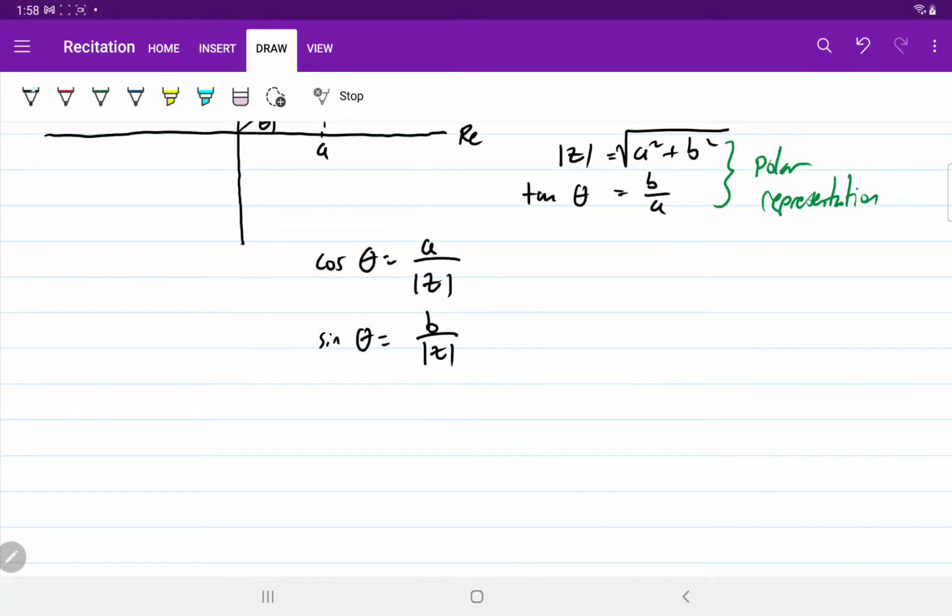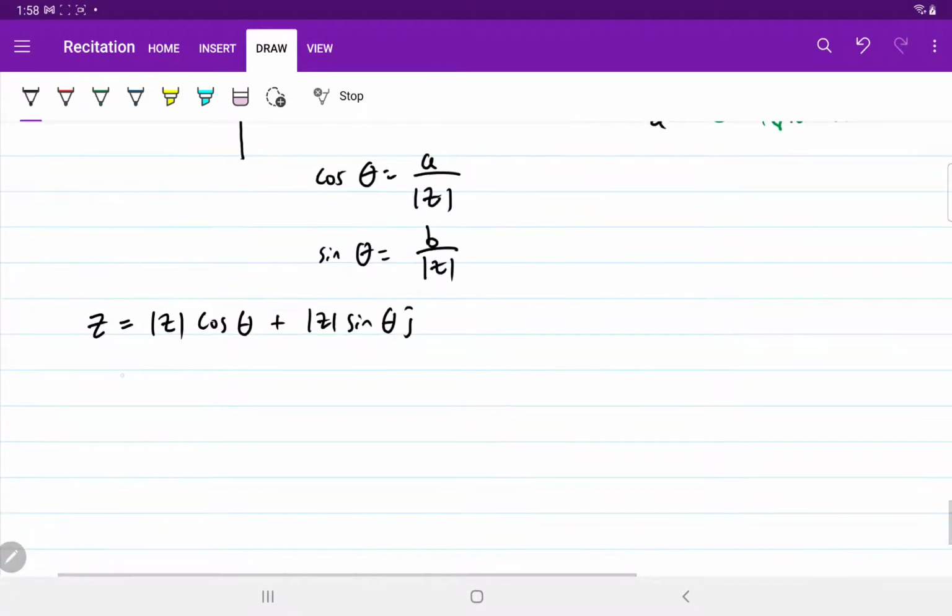So this way we can write z as the modulus times cos theta plus the modulus of z times sin theta multiplied by j.